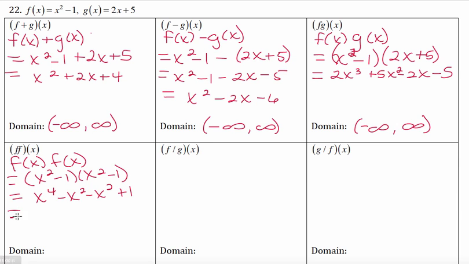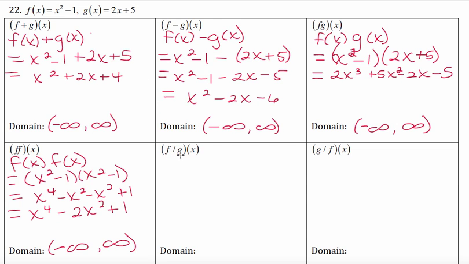And we're going to combine like terms. We get x to the 4th minus 2x squared plus 1. And our domain is the domain of whatever f is. The intersection of f of x with itself is itself, from negative infinity to infinity.